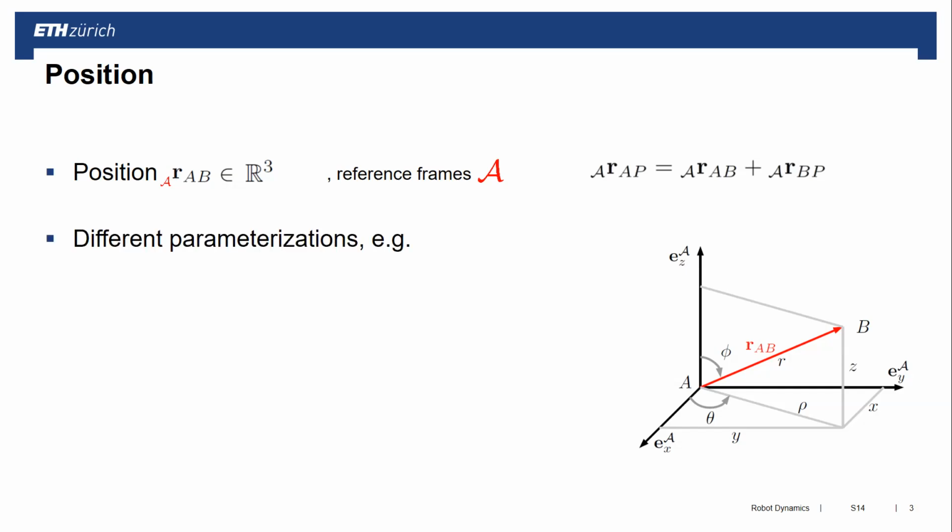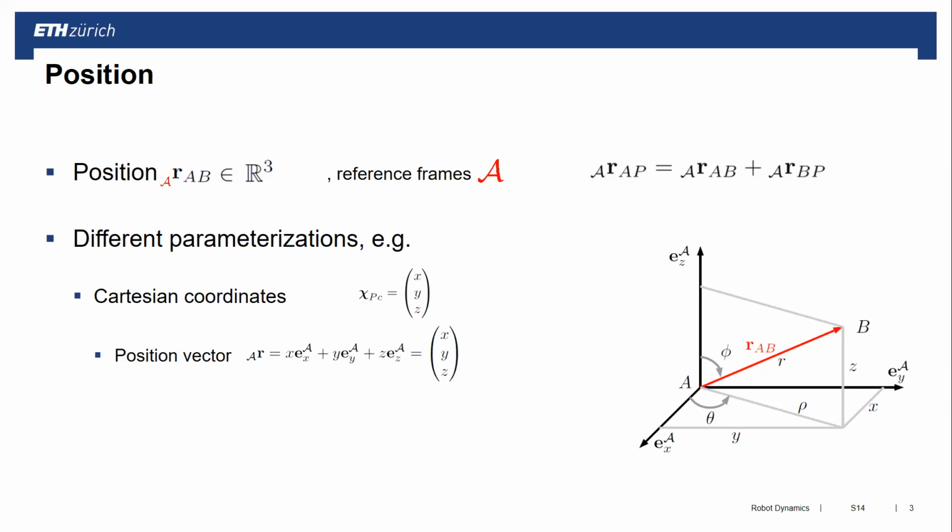Then we went into different parameterizations, not because we use them so frequently for the position vectors, but to show you a little bit what parameterizations are and what they mean. We looked into standard Cartesian parameterizations, where the position vector is in essence directly the three entries that we have there, and cylindrical coordinates, where we have these three parameters that allow us to represent a vector.